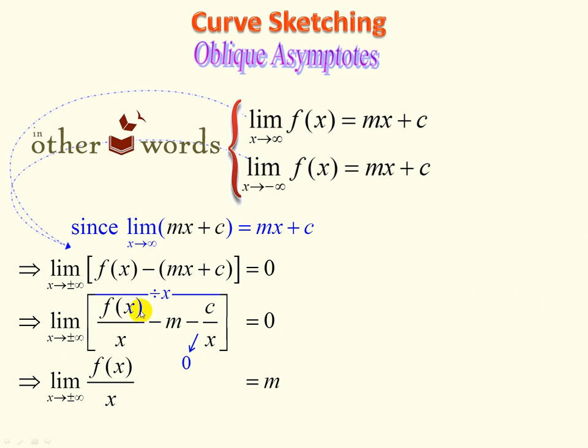Therefore, we're now down to just that and that inside the limit. But now what I've done is I've taken the m out of the limit, which I'm allowed to do because it's a constant, so I can go on the other side. And there is our formula for the gradient of an oblique asymptote, a straight line linear asymptote.